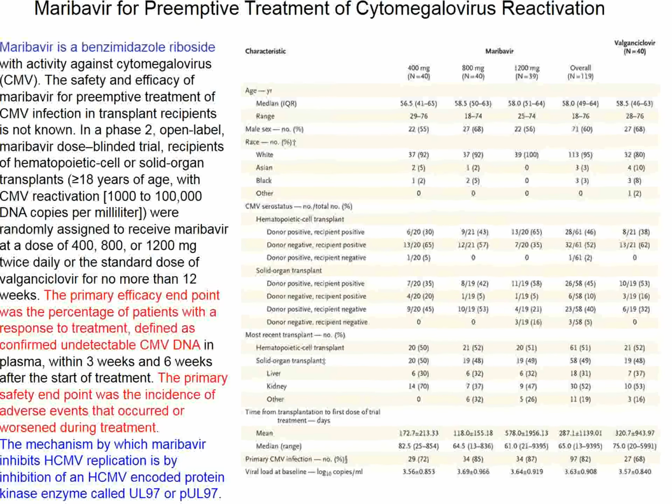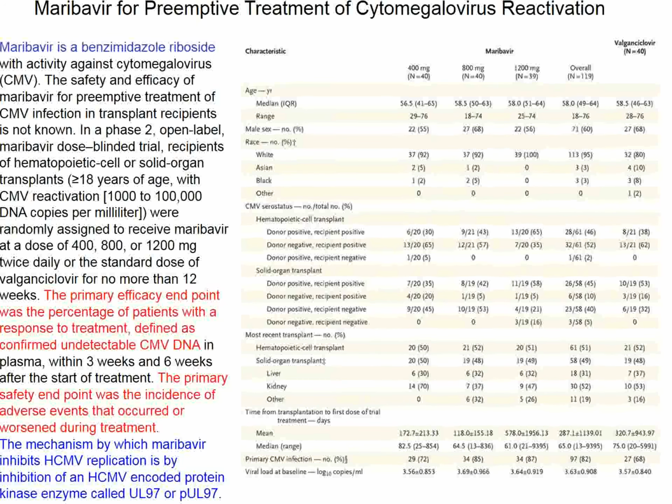But it's possible that maribavir, which is a benzimidazole riboside acting agent, might be better than valganciclovir. This hypothesis was tested with various doses of the new agent compared to valganciclovir.